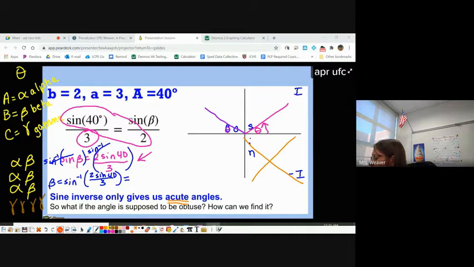So if I were to drop an altitude perpendicular to the x-axis here, and use my x, y, and r values to get my trig values for my angle theta that sine inverse can give us, then I could have another triangle here in quadrant 2 that was that same distance theta from the x-axis. And it would have the same trig values.